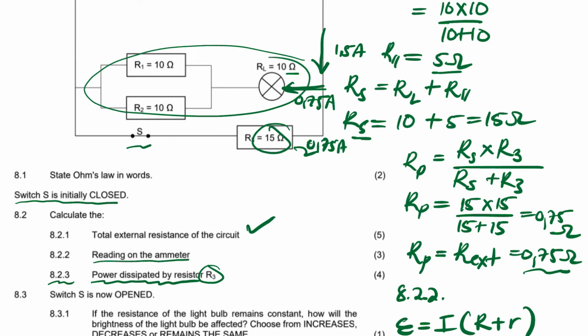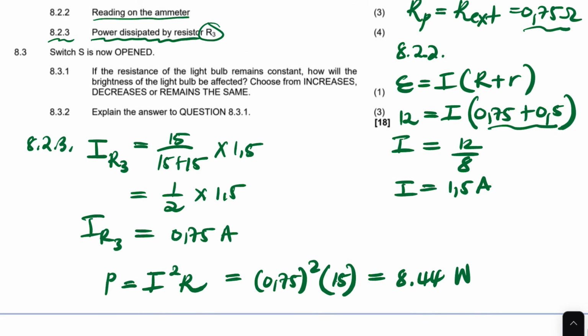The external resistance, remember, it was 0.75, right? Now it becomes 15, because it's this 5 plus this 10. So the total resistance increases. Okay, let's answer the question.